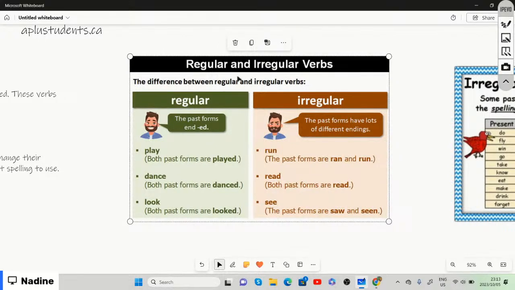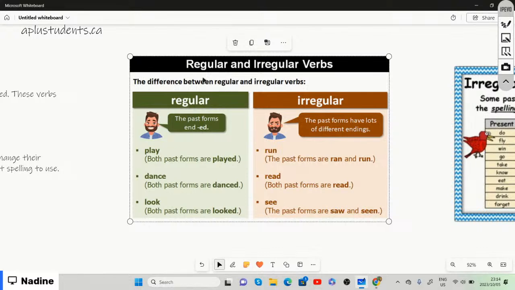All right, so when it comes to regular and irregular verbs, remember we said with irregular verbs, the verb spelling changes, and then we're forming another word. There's no rule like add an -ed.